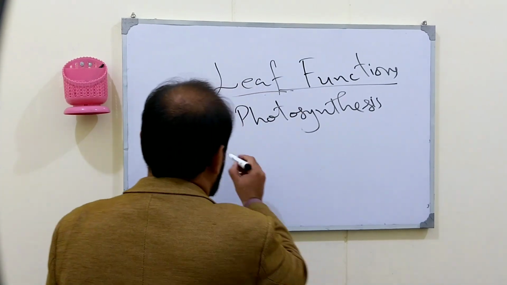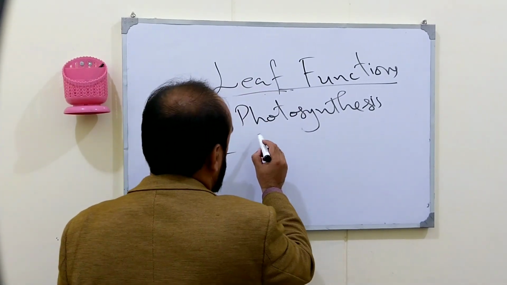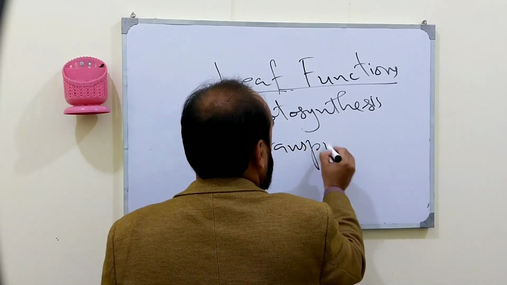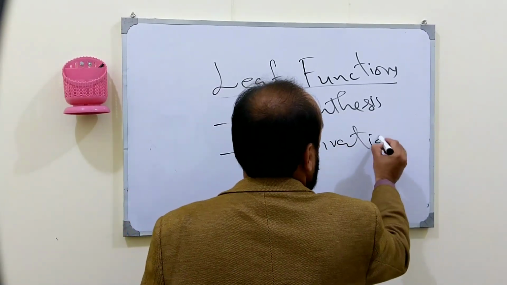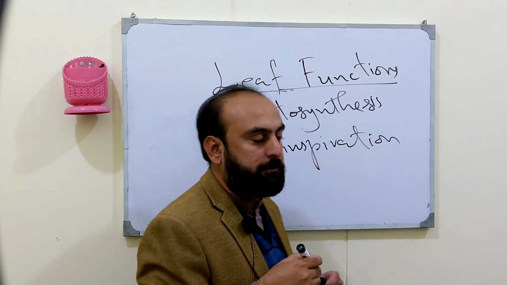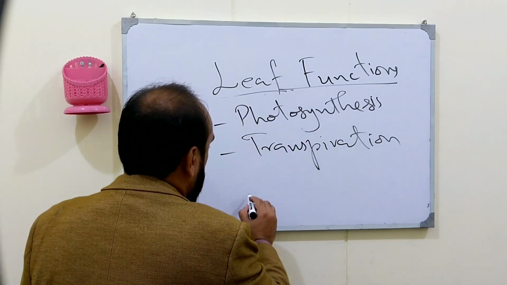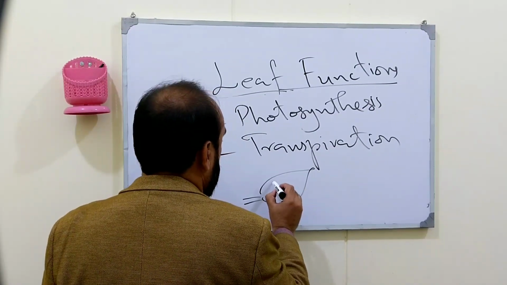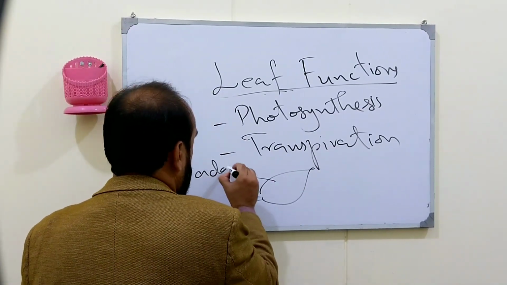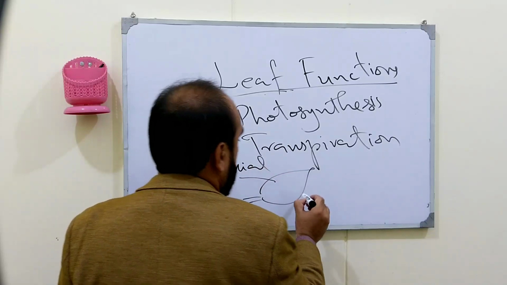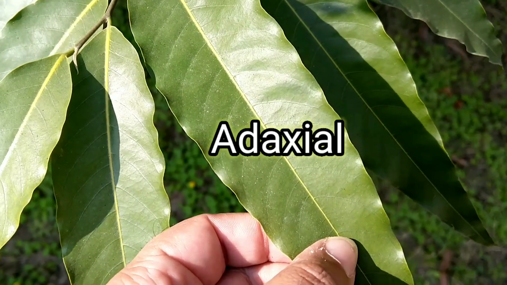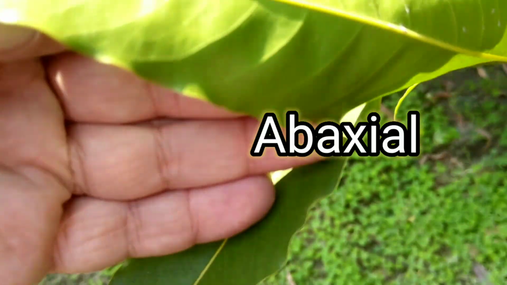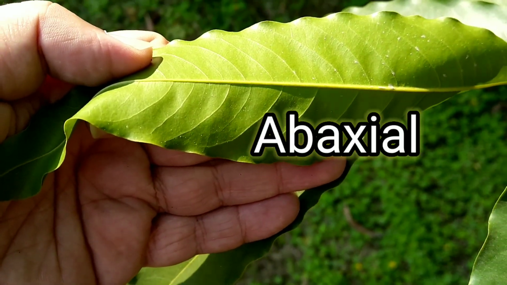As I showed in the anatomy, plant leaves have stomata that are usually present on the lower side. A leaf has an upper side which is called the adaxial surface, and a lower side which is called the abaxial side of the leaf.